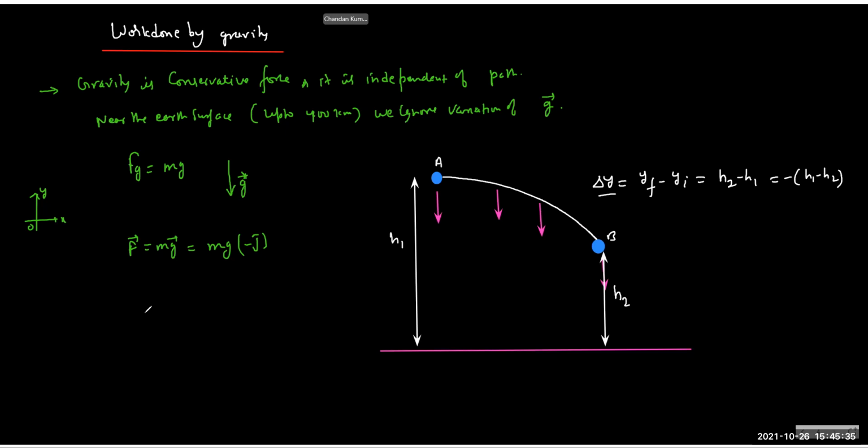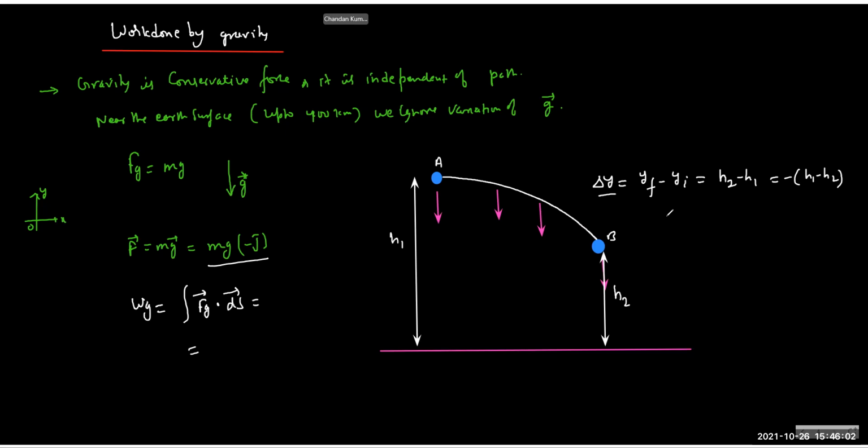Okay. And so the work done by gravity turns out to be how much? Gravity is acting downward. So if you want to write in vector notation, you can say Fg dot ds integration and so on. This is the dot product.